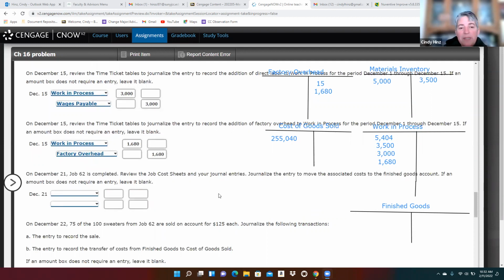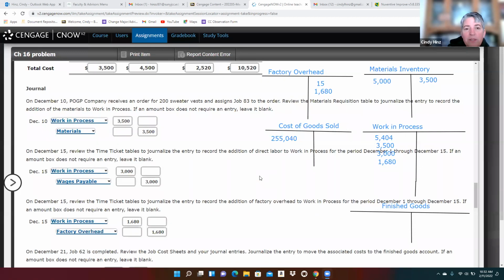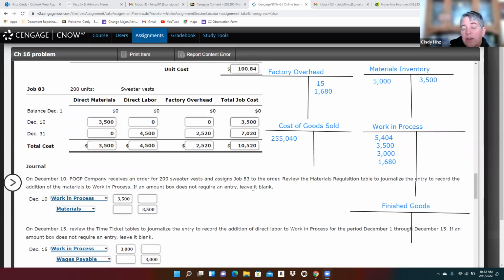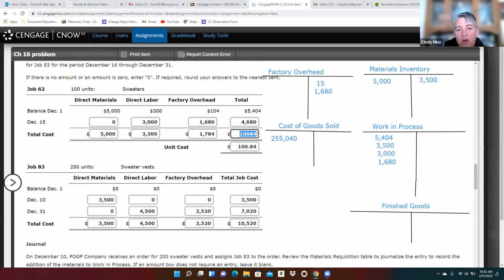Now we finished job 62. When we finish job 62, we move it out of work in process. It's not in process anymore, and it's going to move into finished goods. So the total cost of job 62, we have right here, my highlighted number, $10,084.